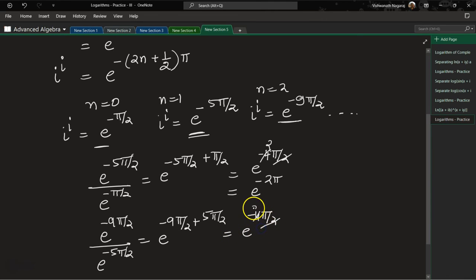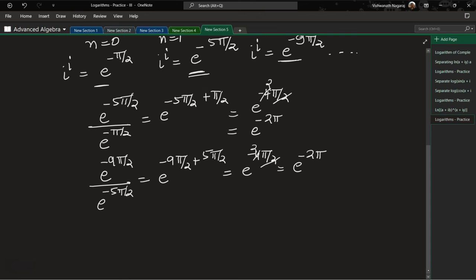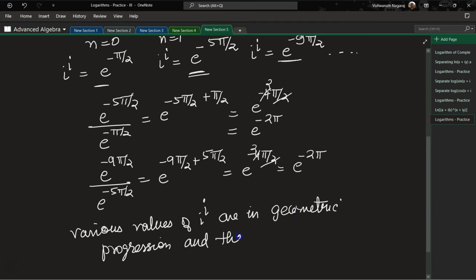So again the 2s cancel, and we are left with e to the power of minus 2 pi. That means the various values of i to the power of i are in geometric progression, and the common ratio is e to the power of minus 2 pi.